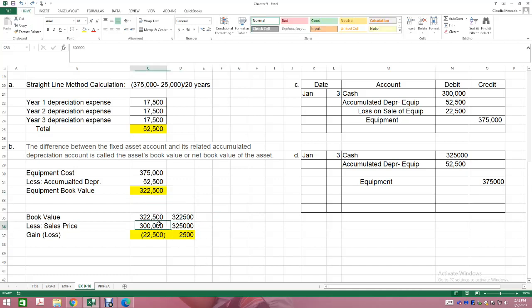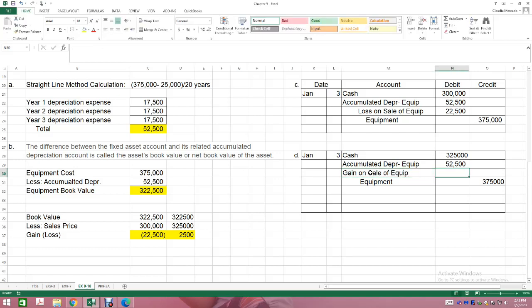So that is what we did. Now I know that I've got a $2,500 gain. If it's a gain, we're going to credit our gain on sale of equipment account.